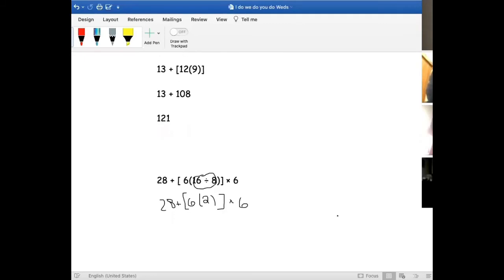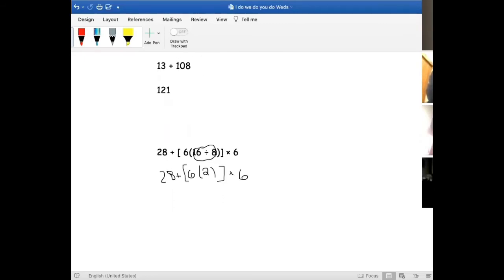Aaron, what's next? You can just tell me what part you're going to solve. You don't have to tell me how to solve it. Which two numbers are you going to solve? The multiplication.